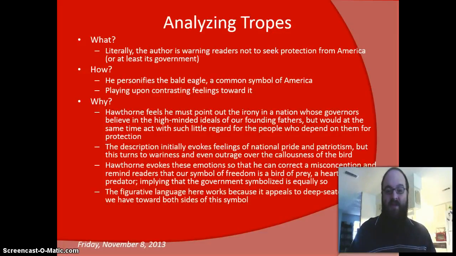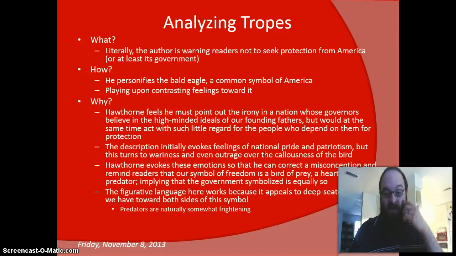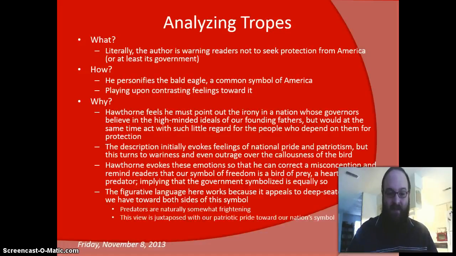The figurative language here works because it appeals to deep-seated feelings we have towards both sides of this symbol. First of all, predators are naturally somewhat frightening. That's just biological. Predators are naturally somewhat frightening, terrifying creatures on a very deep psychological level.